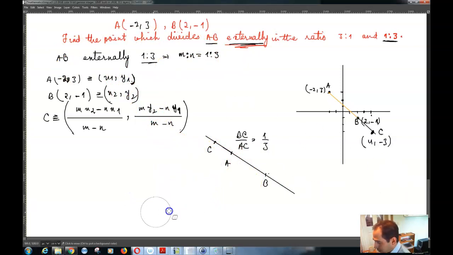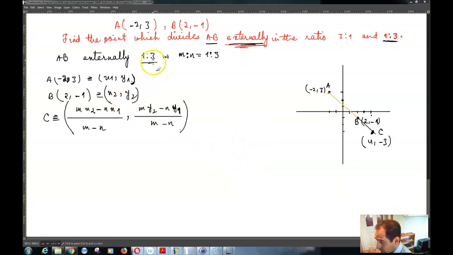Now what I'm going to do is use the same formula, but the only thing that I'm going to do is just change the ratio over here, the points remain the same. So then the coordinates of the point C are going to be equal to mx2 minus nx1.